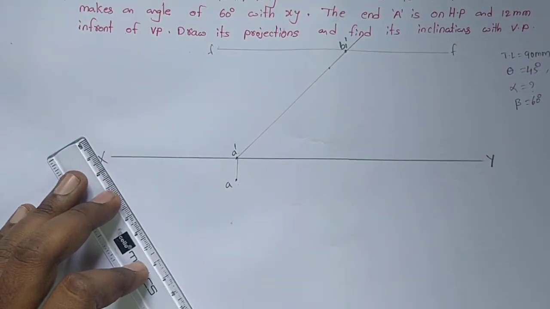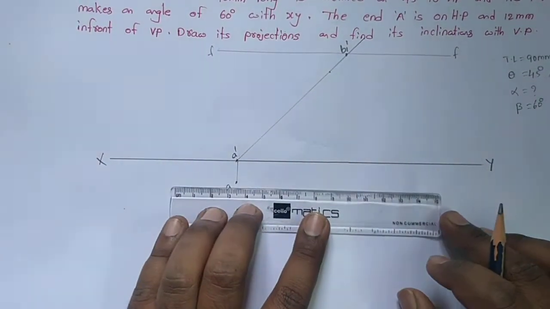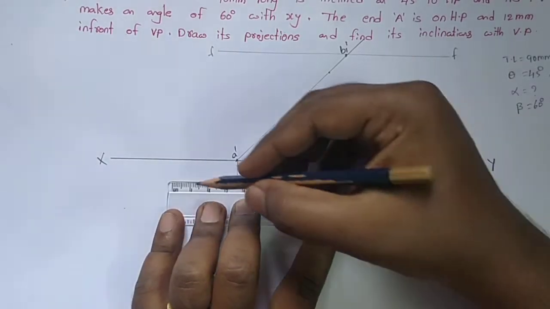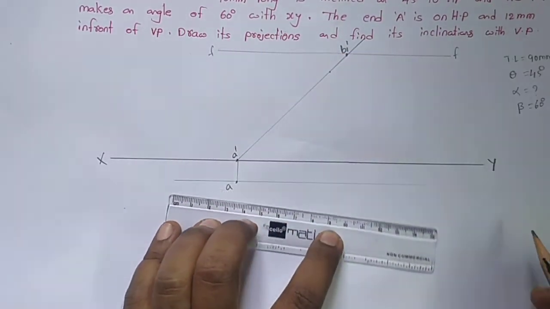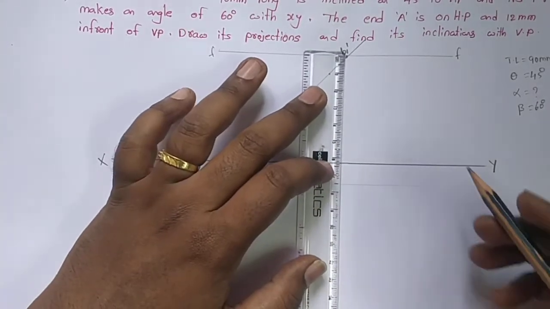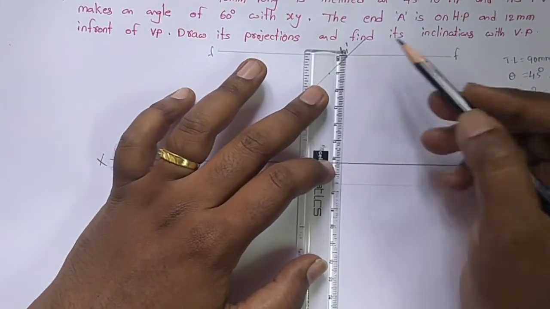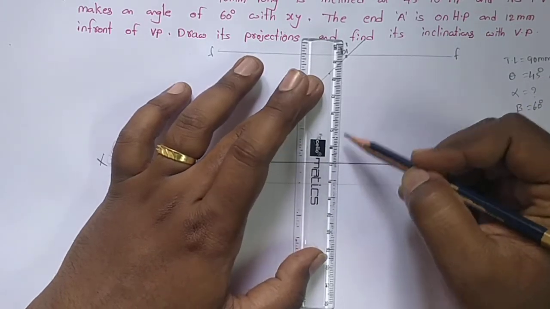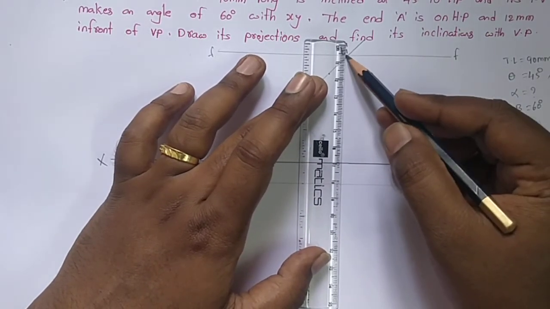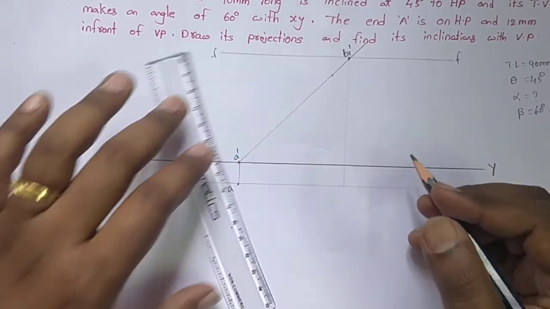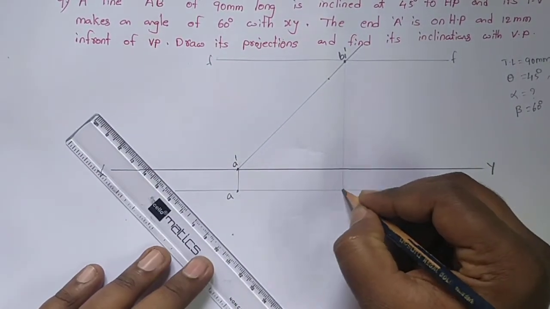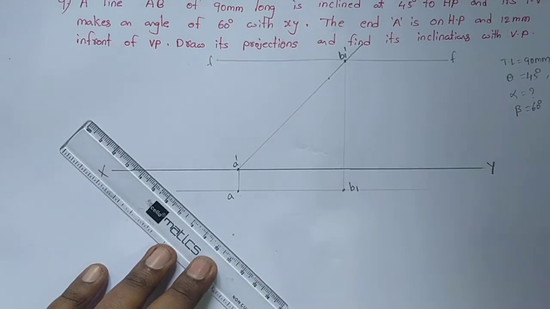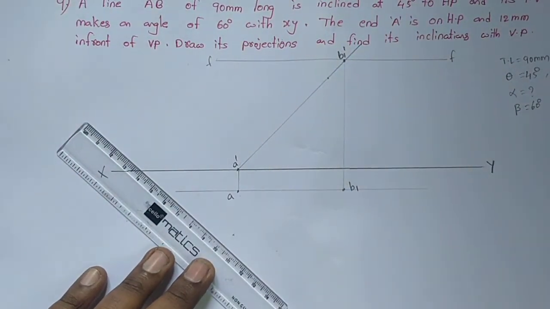Next, we need to draw one horizontal line parallel to XY through point A. It is the locus of A. Next, from B1 dash, we need to draw one vertical line perpendicular to XY. Okay, this point is known as B1. Now we completed one part.